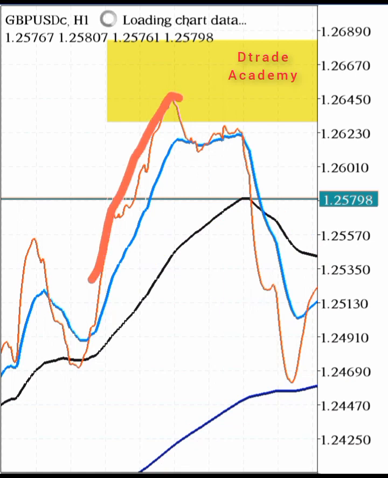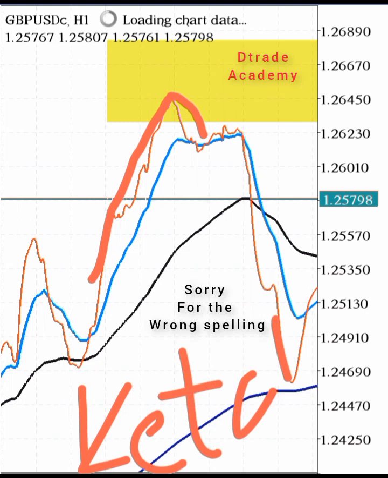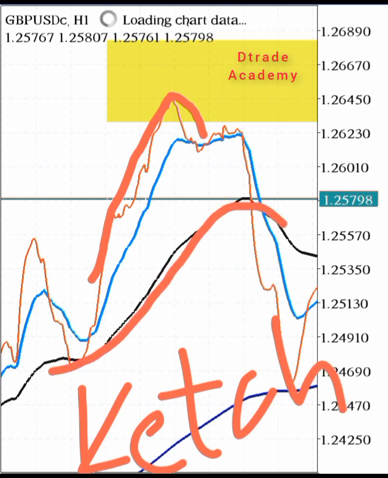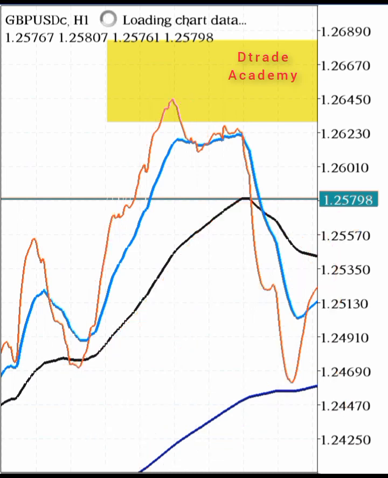The red indicator is ketchup. The blue one is water. The black indicator is our major. And the deep blue indicator is our blueberry.